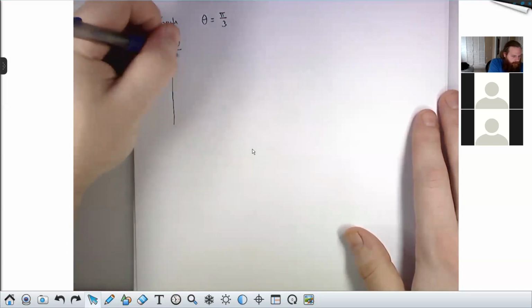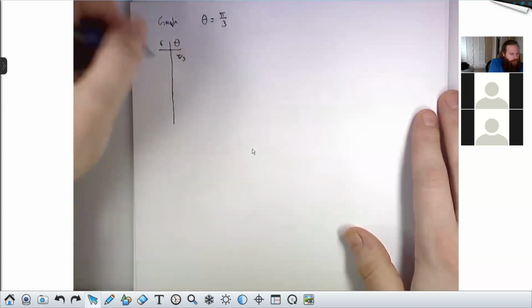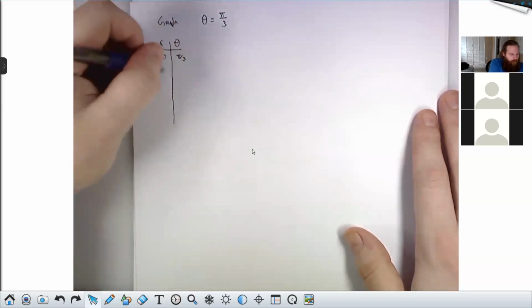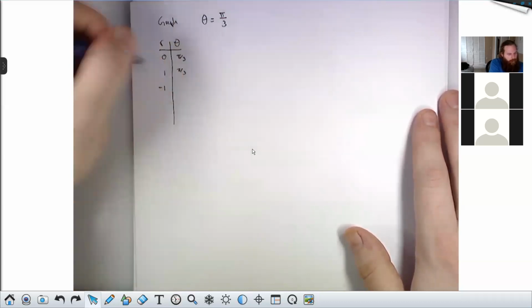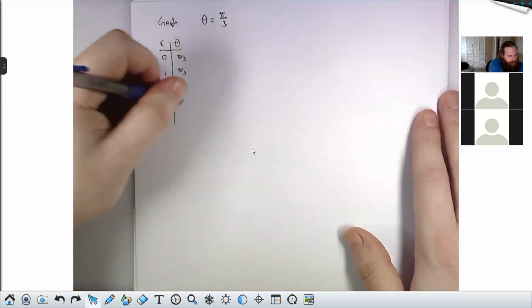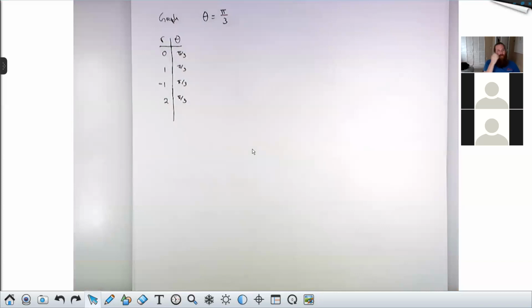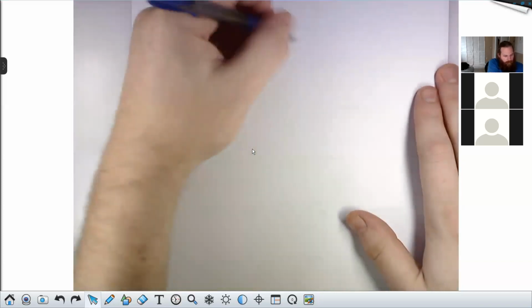Theta here is a constant. It's always going to be pi over 3. So if r is 0, theta is pi over 3. If r is 1, theta is pi over 3. If r is negative 1, theta is pi over 3. If r is 2, theta is pi over 3. And we can graph some of these polar points and try to get a feel for what's going on.